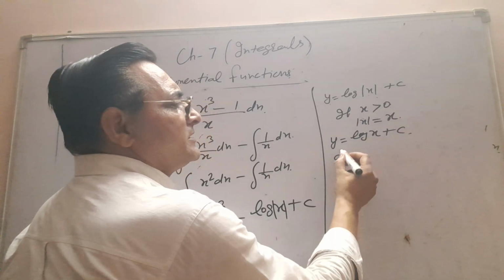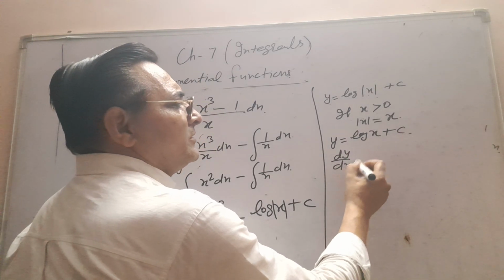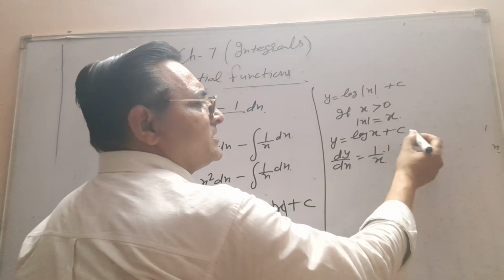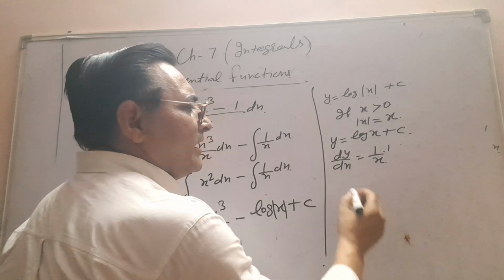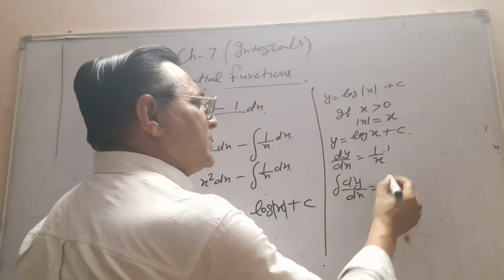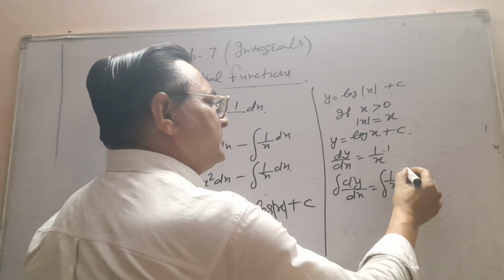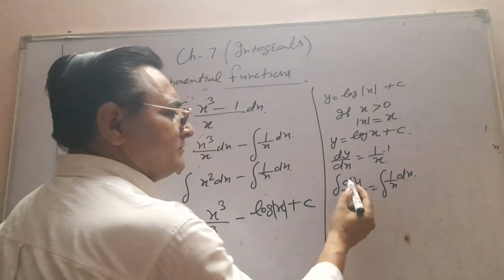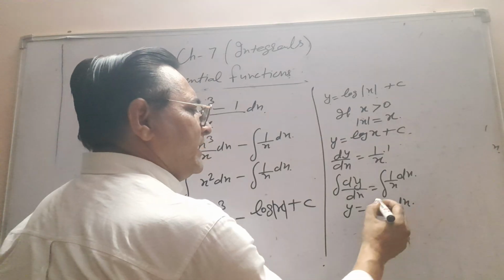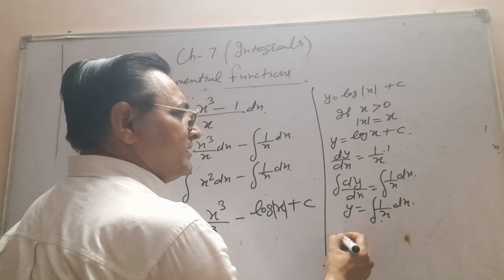When we take its derivative, it will be 1 by x, since the derivative of x is 1 and the derivative of c is 0. And we will take the antiderivative, or integral, on both sides. What will we get? y is equal to integral of 1 by x dx. So what is the value of y?